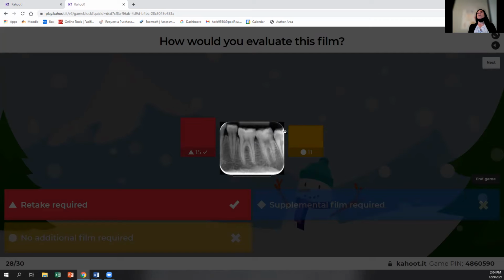If you had centered your second molar and you still didn't get your wisdom tooth, it would have been a supplemental, but because you didn't center your second molar on the film, it's now a retake. So the criteria for a molar shot is that your second molar needs to be centered. Whether it's a retake or a supplemental film is based on whether that second molar is centered or not.